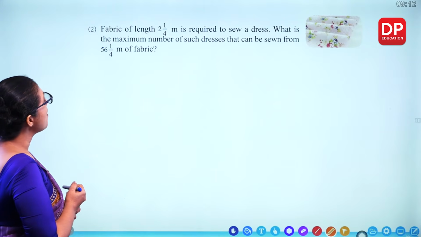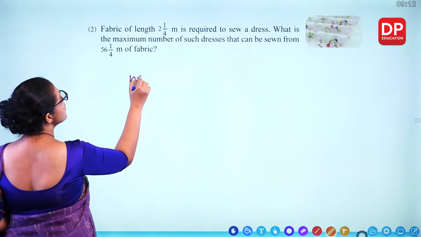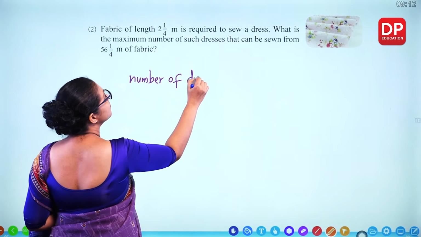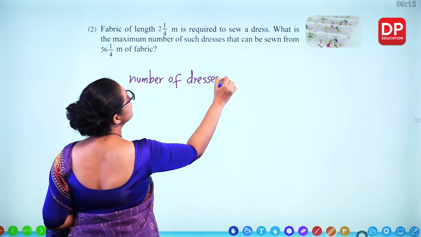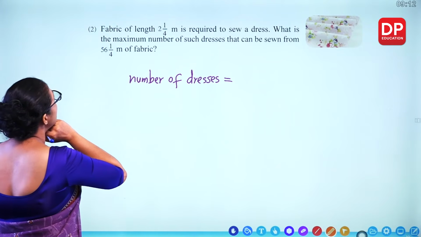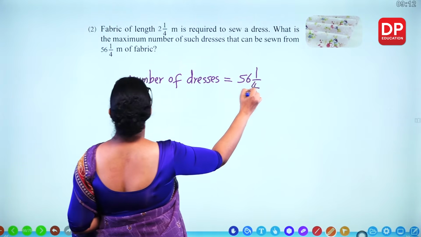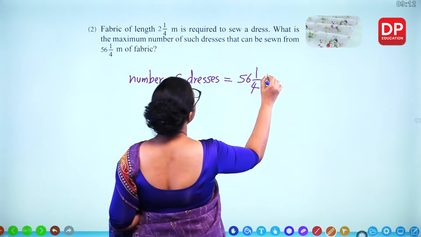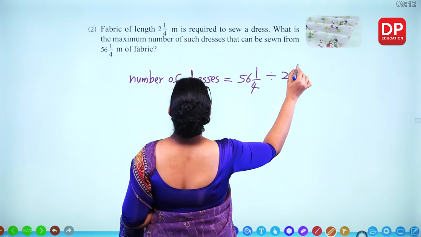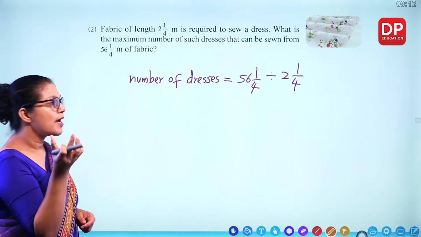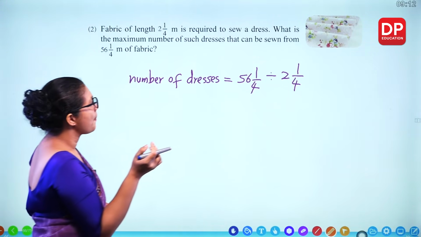The maximum number of dresses. What's the total length? 56 1/4. For each one, you need 2/4 length. So when you divide, you can find out the number of dresses.